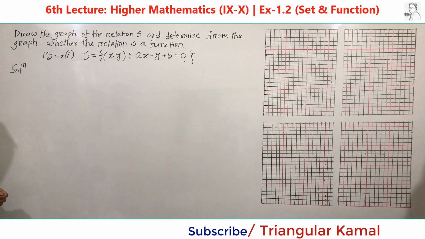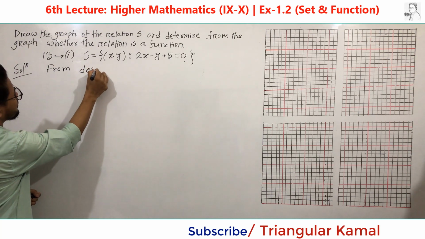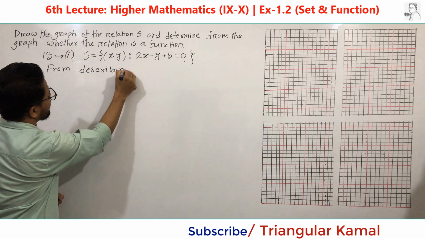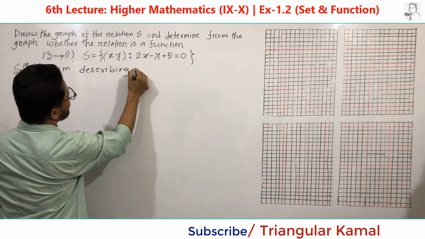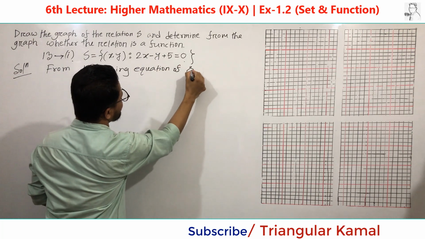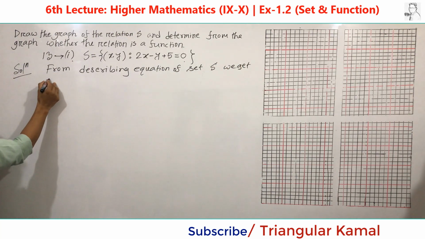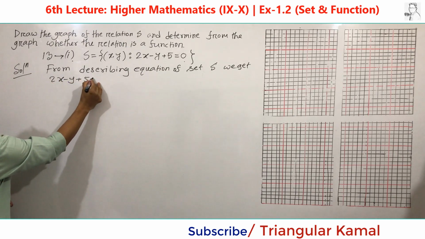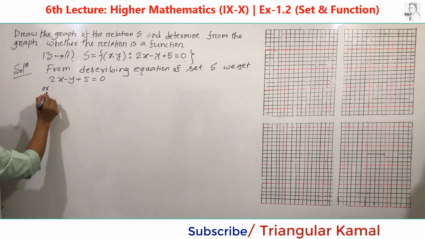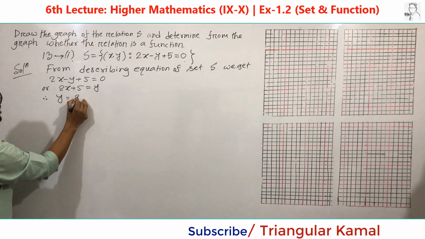Solution number 1. From describing the equation of the set, we get 2x minus y plus 5 equals 0, or 2x plus 5 equals y, or we can write here y equals 2x plus 5.